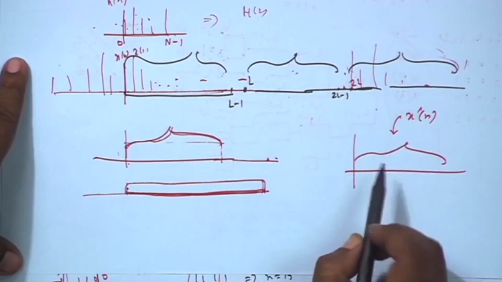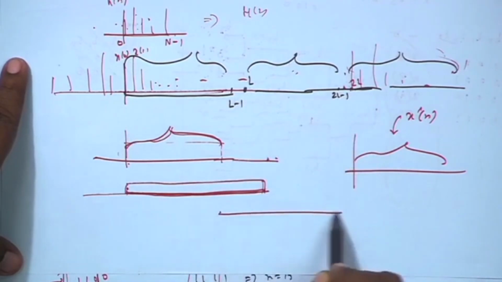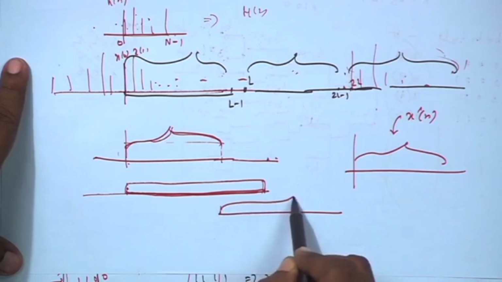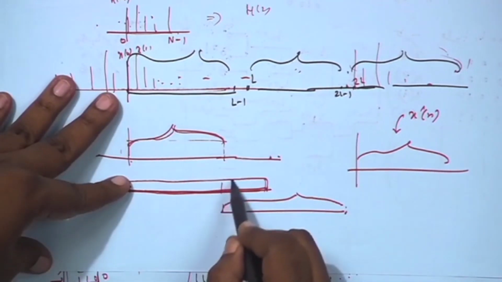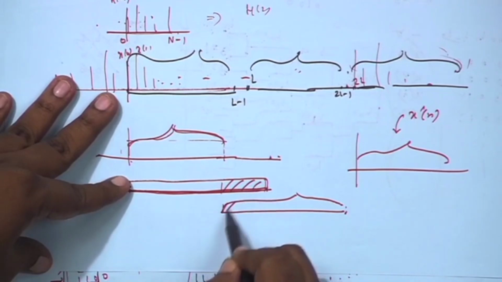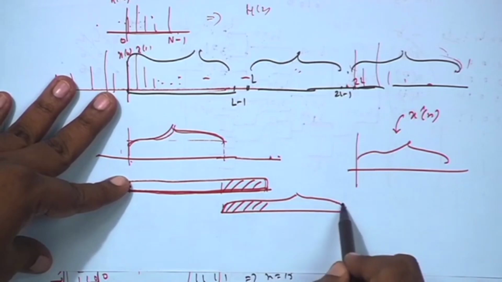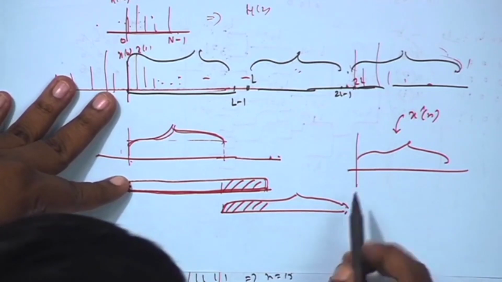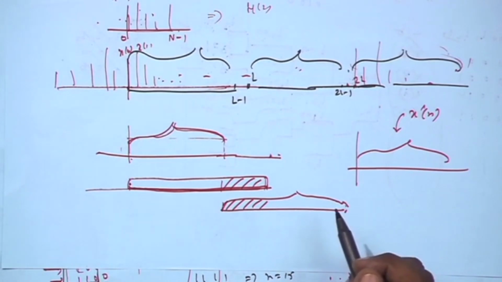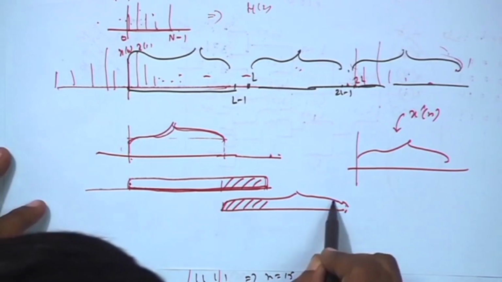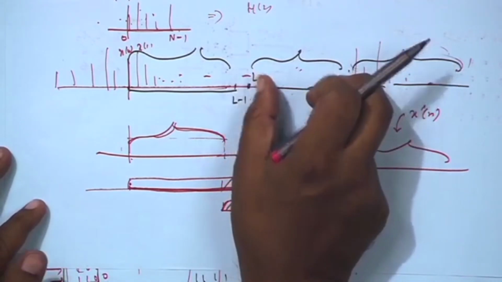So you convolve this with this and shift. That result will start after shifting from here and will go like this. When you add, this part will be added. Again, the next block. And this is expanded, right? You start from L, but it does not remain for a length of L only.